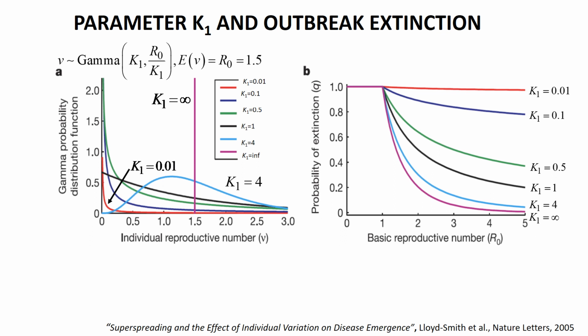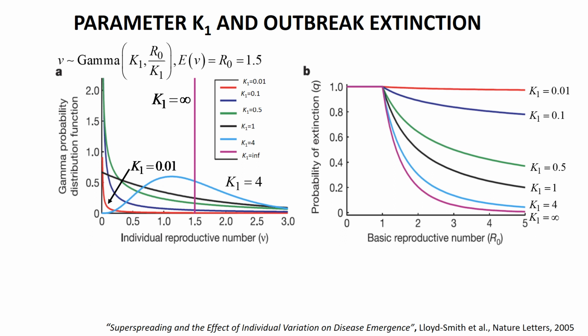Now, on the right-hand side, I'm looking at the basic reproductive number on the x-axis and the probability of extinction, Q, on the y-axis, parameterized on K1, the dispersion parameter for the gamma distribution on the left.